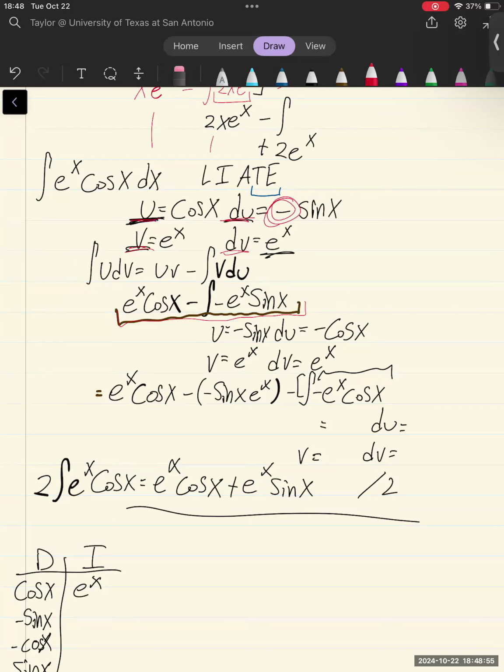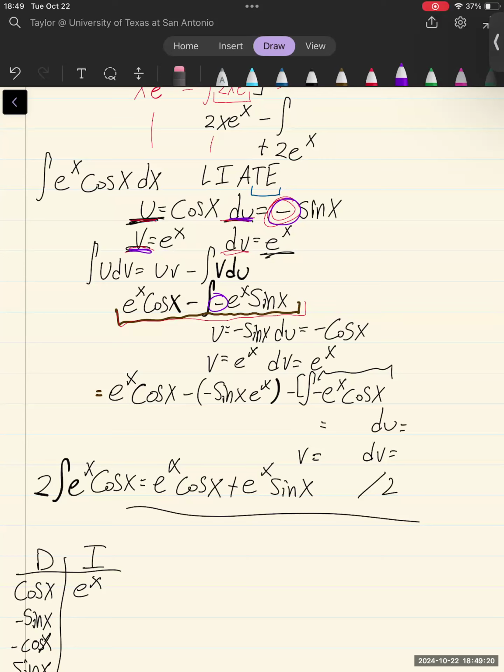Because of this negative sign. So we set up u times v, so then we just multiply these two statements. And then we have the integral of v times du, and in this case, we have a negative sign. So that's where we got this negative sign here. Oh, okay.